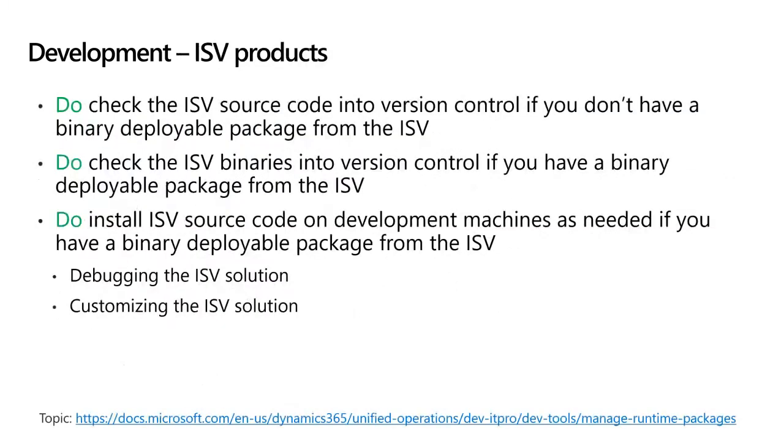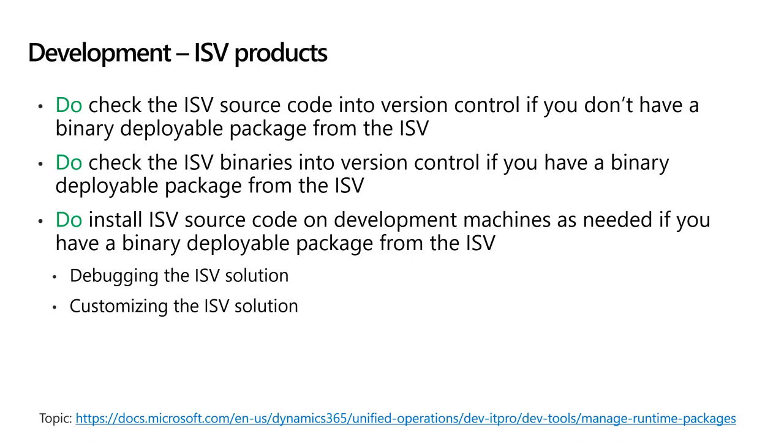For ISV products, you install the ISV product on the development machine, and then you check the source code into version control if you don't have the binary deployable package from the ISV. If you do have a binary deployable package, you install that on the dev machine and check the binaries into version control.